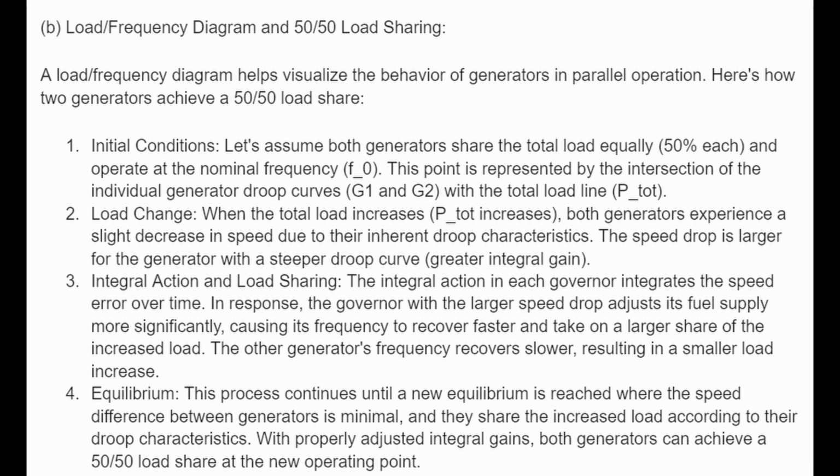This process continues until a new equilibrium is reached where the speed difference between generators is minimal and they share the increased load according to their droop characteristics. With properly adjusted integral gains, both generators can achieve a 50-50 load share at the new operating point.